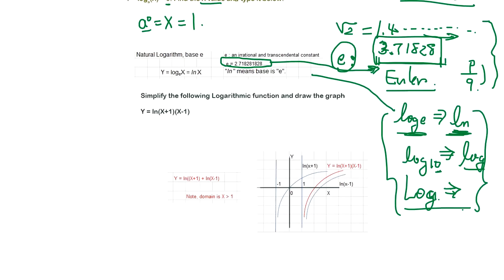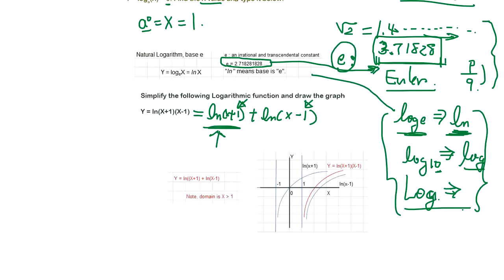Simplify the following logarithmic function and draw the graph. First, you know this log can be separated. This one is simply a shift function by an amount of -1, and the other a shift by an amount of 1.